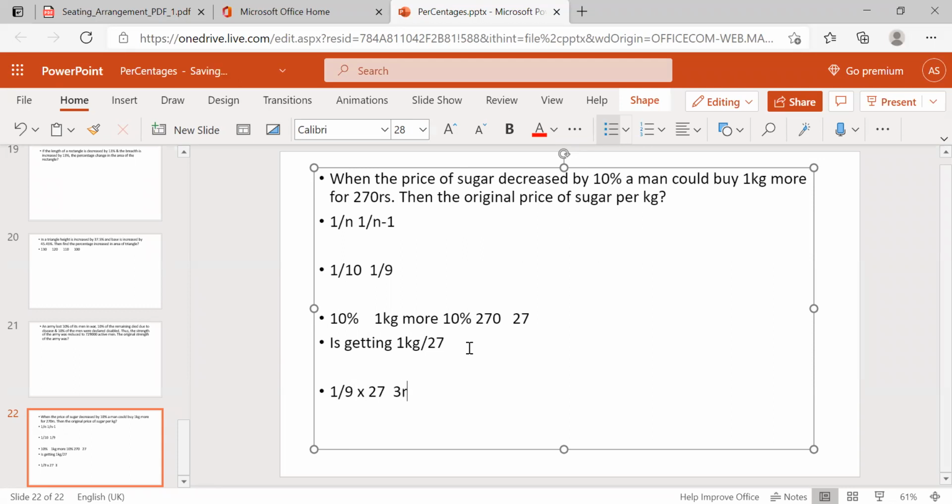Then we have 27, and the 3 rupees increases, it's nothing but 30. Instead of doing all these things, we know this formula, the shortcut. If 1 by n is decreased, then it increases by 1 by n minus 1. Here 1 by 10 and 1 by 9 into directly 270. 1 by 9 into 270 will get 30. So 30 is the answer for this. Okay, clear? Yes, clear.